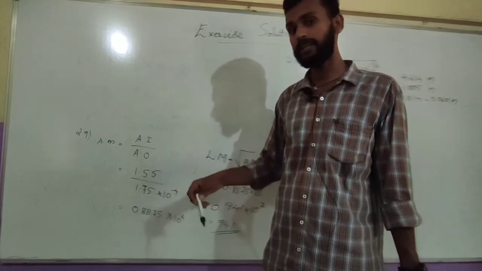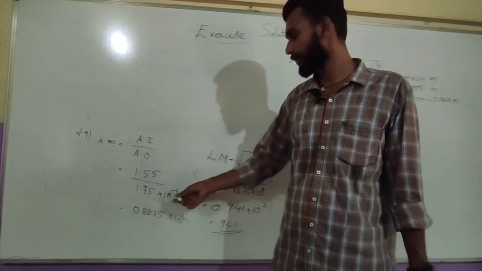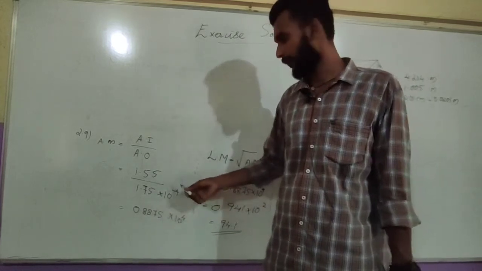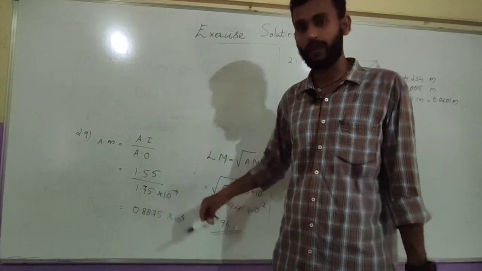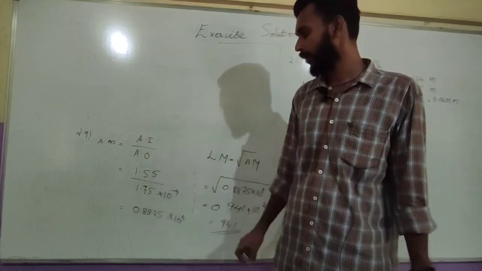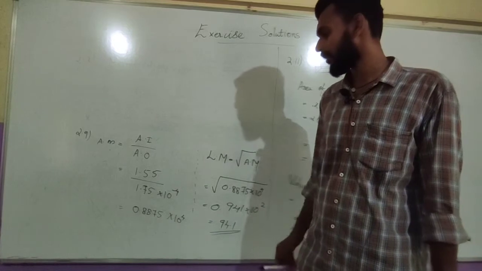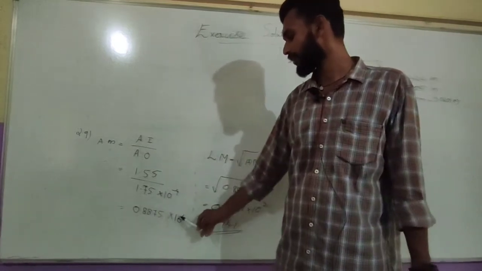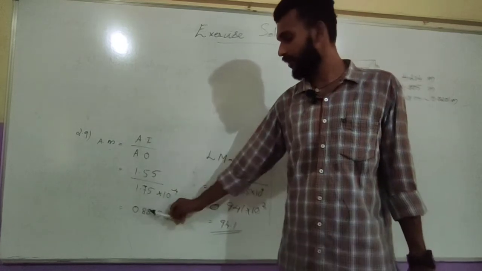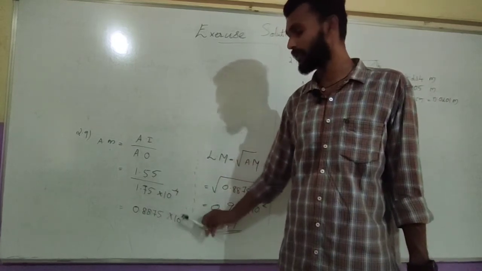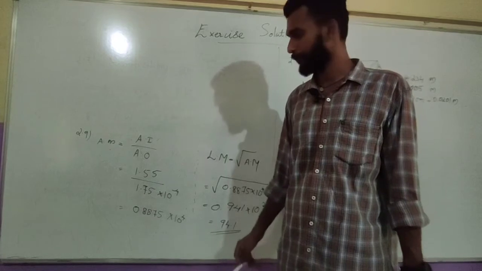When you convert centimeter square into meter square, you multiply by 10 to the power minus 4. So 1.75 into 10 to the power minus 4 meter square. Then you can obtain the value as 0.8875 into 10 to the power 4, that is the magnification. It is 0.8875 into 10 to the power 4 times magnified image.